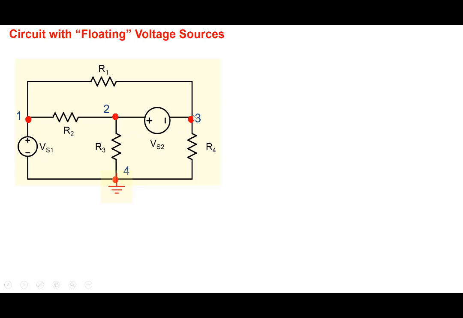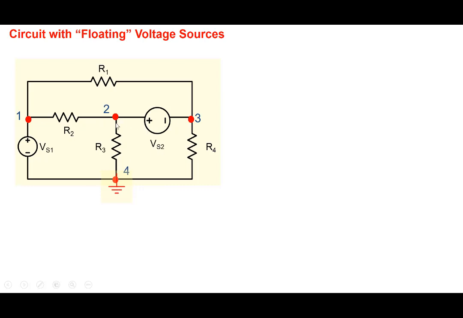And we call this a floating voltage source, right? Floating in the sense that when something is not grounded, its feet are not on the ground, then I guess you're floating, right? So in that sense, one foot of this voltage source is grounded, and both feet of this voltage source are up in the air, right?